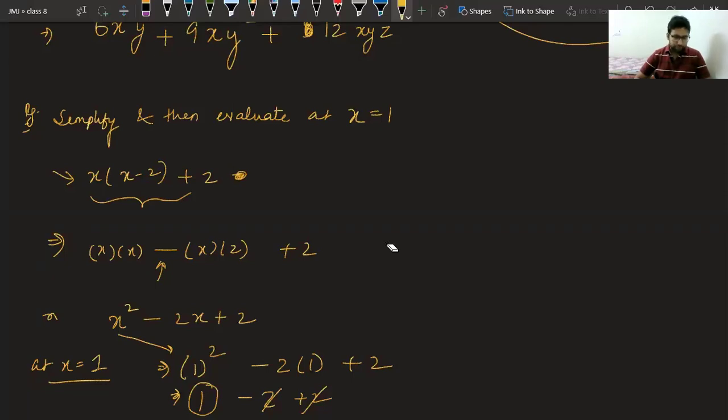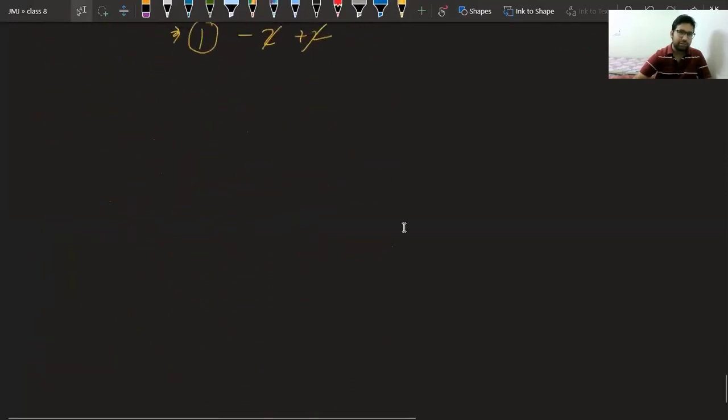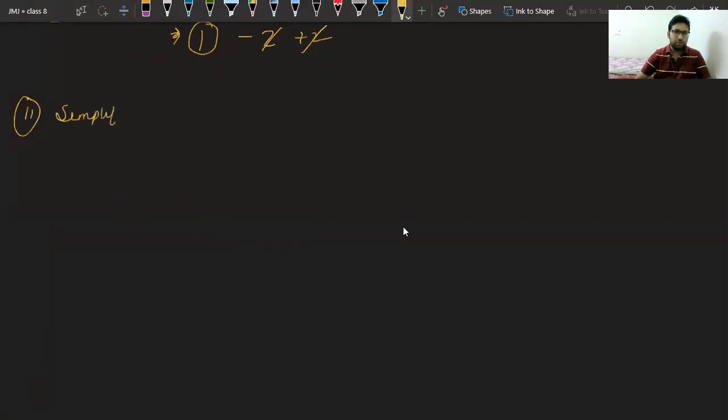Try another question. I'm giving you the second part. I'm giving you one more part. Try this. Simplify and evaluate. Okay, the question is 2y bracket 2y minus 7 minus 4 bracket y minus 4 minus 63.